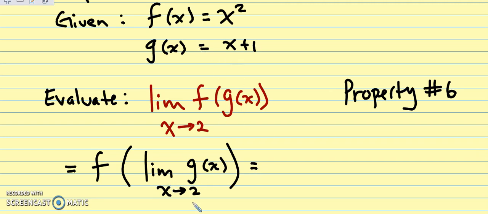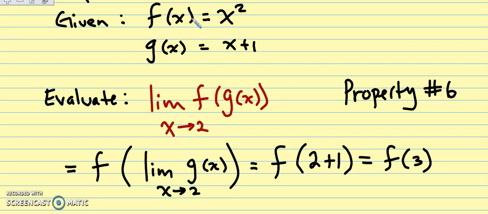The limit of g of x as x approaches 2, we know that we can do direct substitution, so that's 2 plus 1, which is f of 3, and that's just 3 squared, so we get 9. Again, through practice, this will be a lot easier. Okay, so that's the answer here.